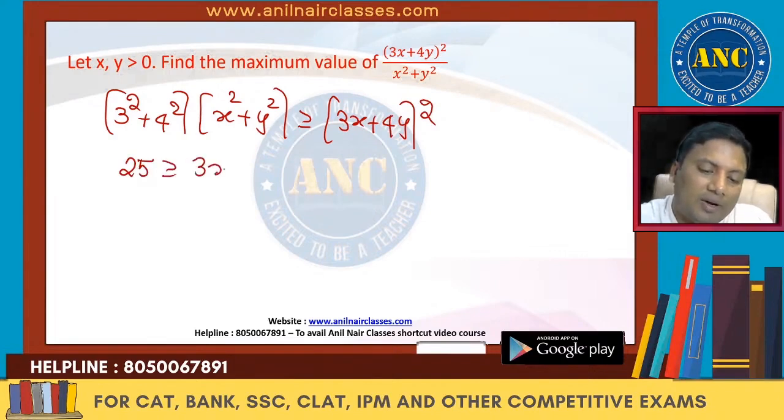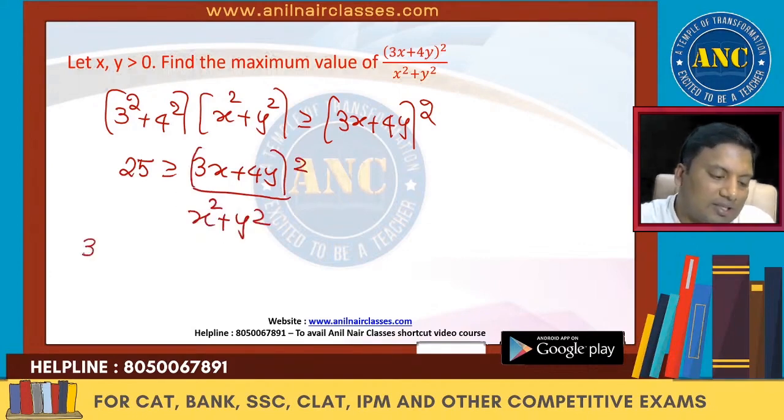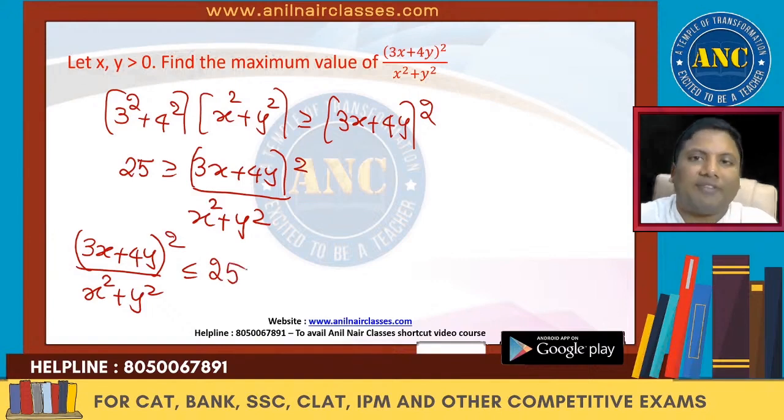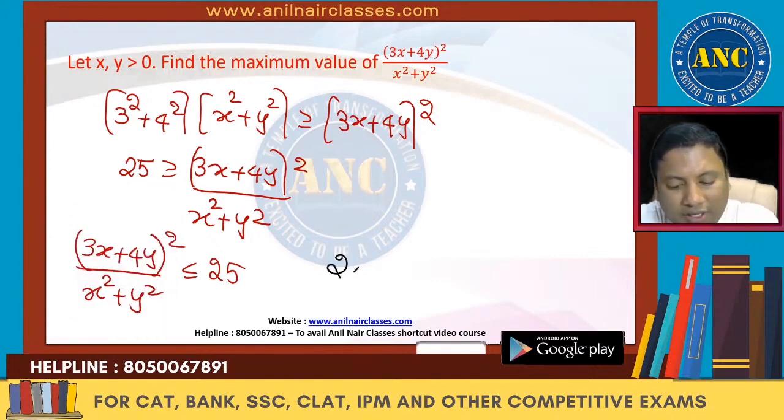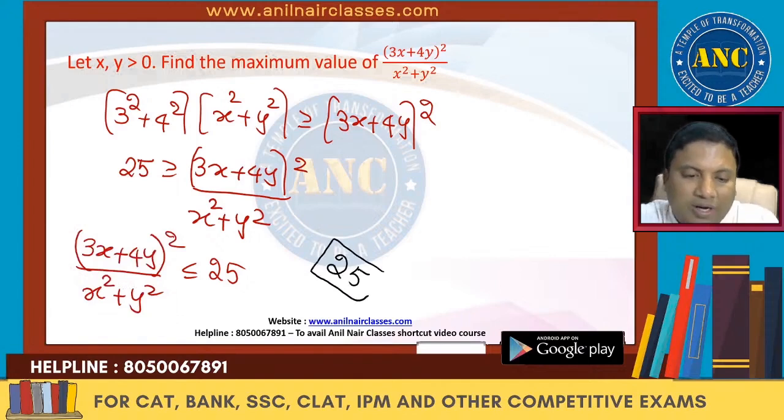So 25 is greater than or equal to 3x plus 4y whole square divided by x square plus y square. If I reverse it, the expression is less than or equal to 25. Less than or equal to means I will always get the maximum value. So the maximum value for this question is nothing but 25.